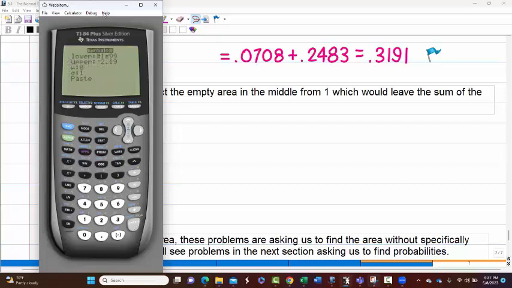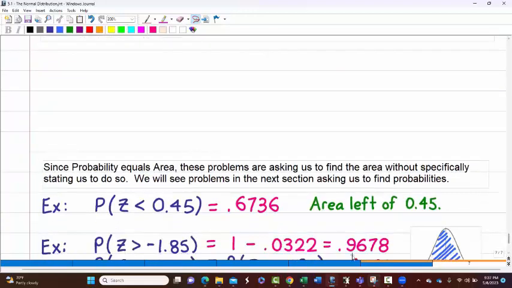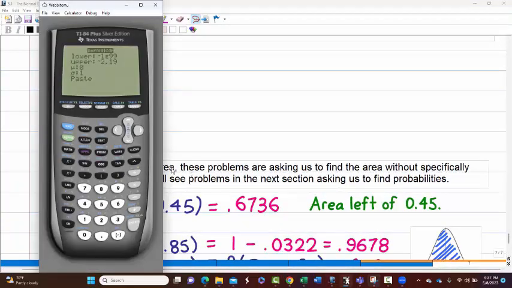And because we're going between two numbers, we don't need either one of the 1e to the 99, so it's negative 1.47 to 0.68. Zero, 1, that's perfectly fine right there.